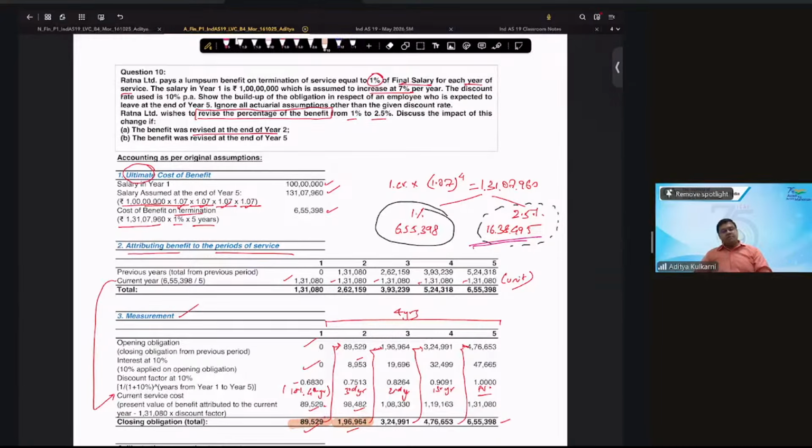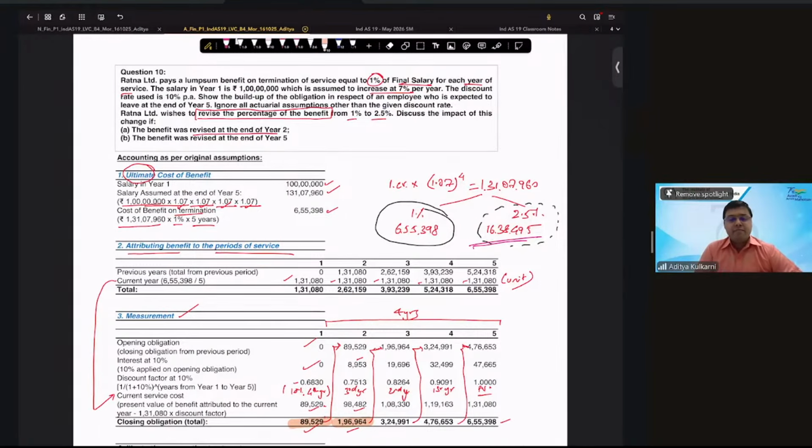So to reward them for the work that they have done and will continue to do, that gap of 4,90,000 minus 1,96,000 is effectively a compensation for services which they have already rendered. So that has to hit my P&L immediately.